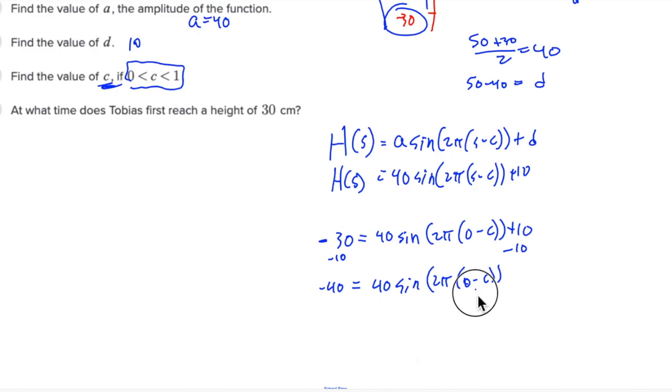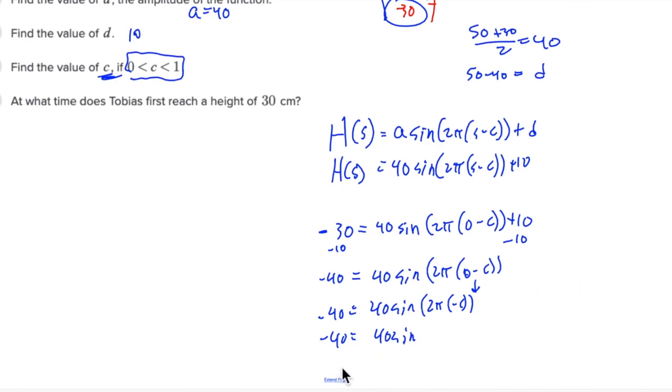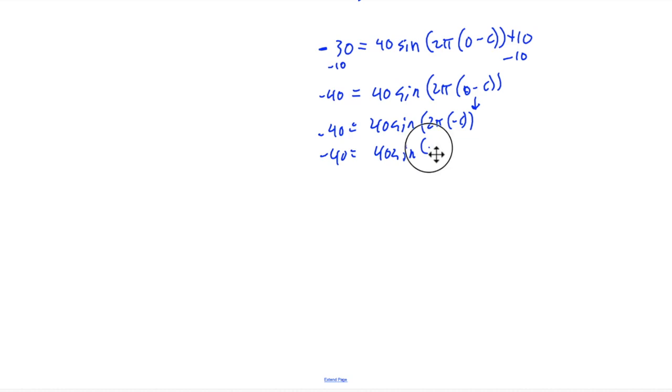Now 0 minus c would just be negative c. So negative 40 equals 40 sine of 2 pi times negative c, which gives negative 40 equals 40 sine of negative 2 pi c.